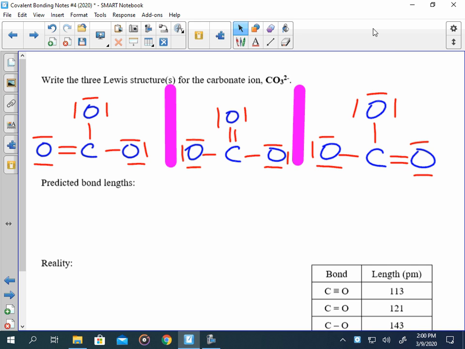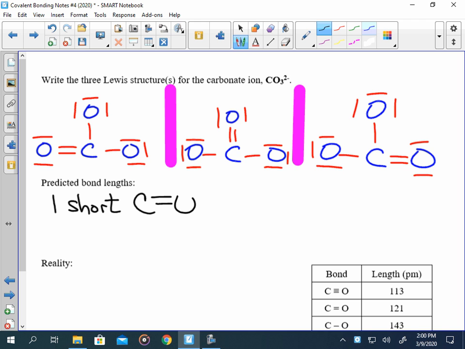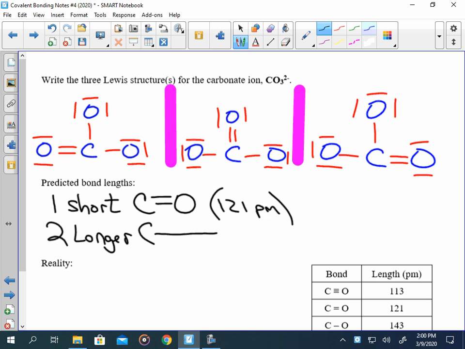Once again, you would rightfully predict one short C double bond O with the bond length of 121 picometers. You would predict 2 longer CO bonds. It would be 143 picometers.